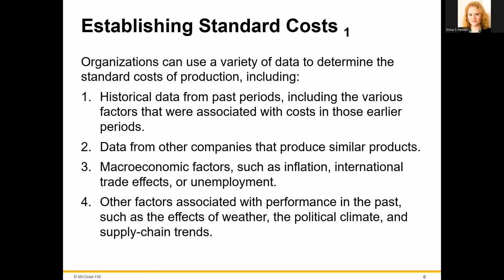Right now there's lots of talk about tariffs. So a lot of manufacturers are saying, hey, there's a high likelihood our costs will go up. So therefore, this is what our new standard costs will be. And they mention here in the text the effects of weather, political climate, and other supply chain trends. If you know that there's another supplier coming online for something that you've had difficulty obtaining in the past, then potentially the price could be going down.